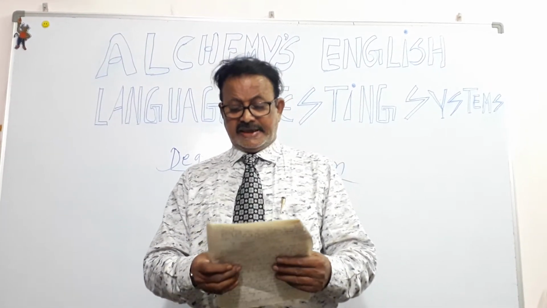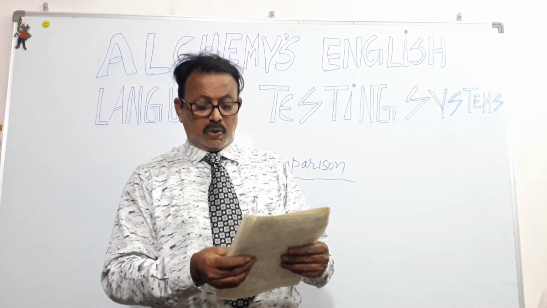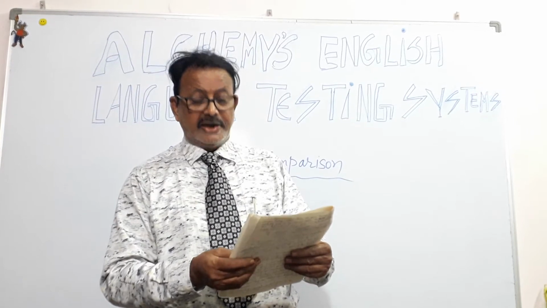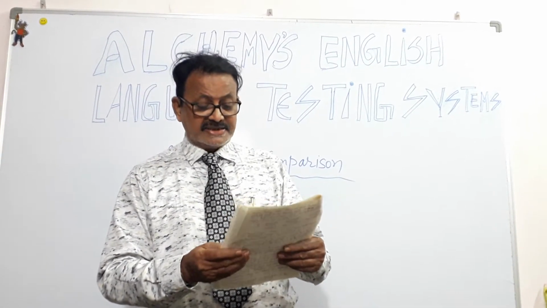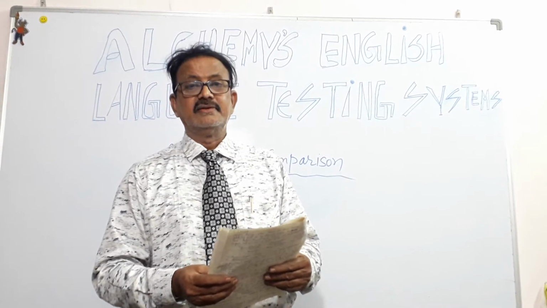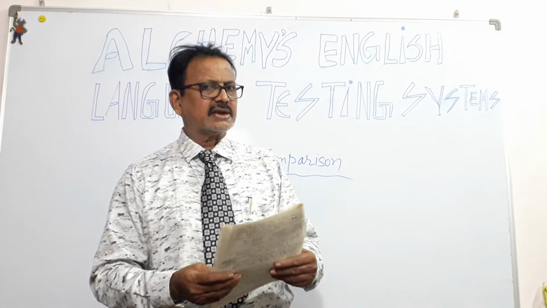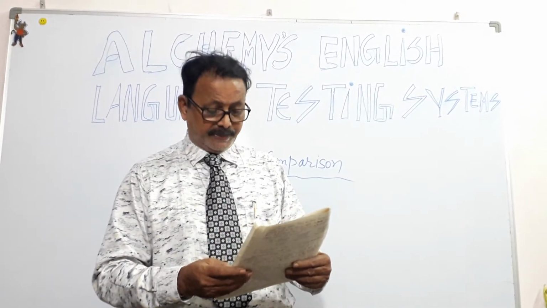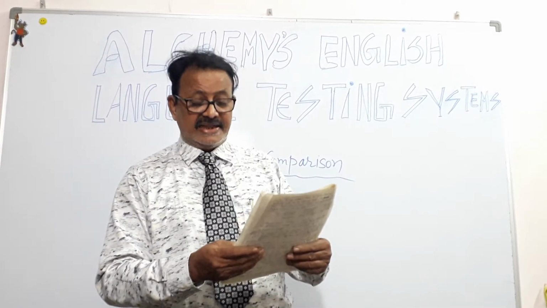The comparative degree of an adjective denotes a higher degree of the quality than the positive and is used when two things or sets of things are compared. As, this girl is stronger than that girl.